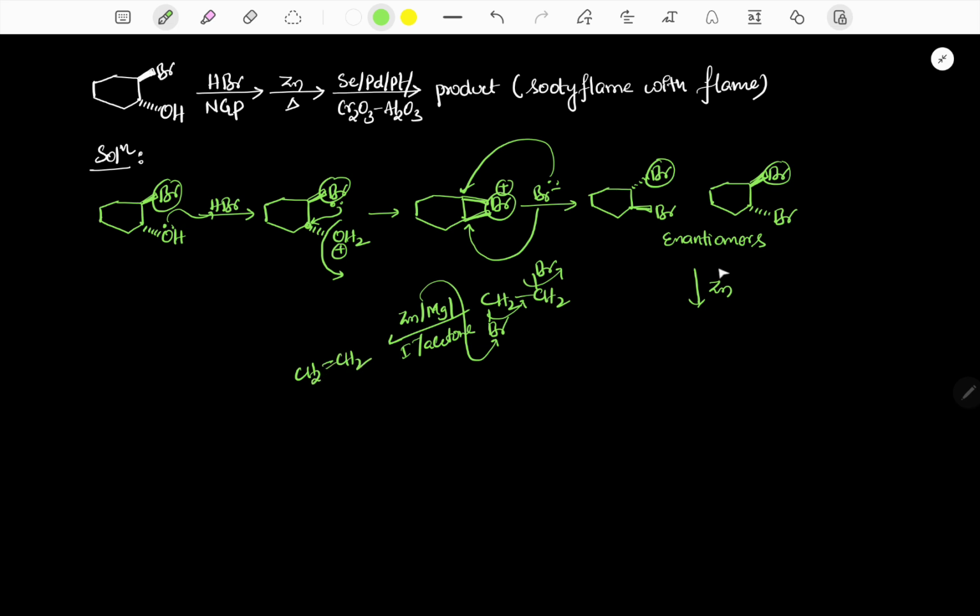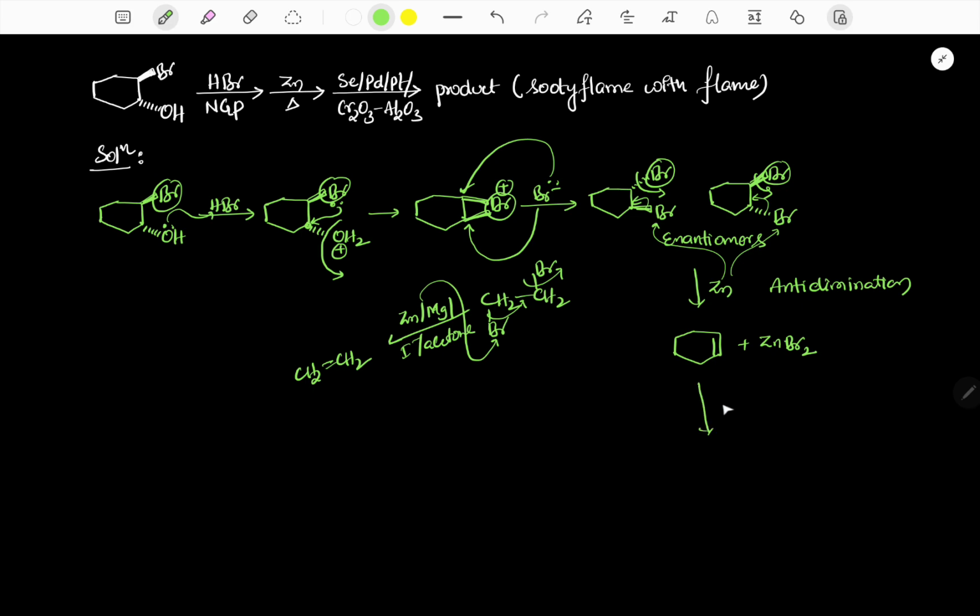In this case also zinc removes the corresponding halogen, and of course it is stereospecific also. Finally we get the corresponding cycloalkene plus ZnBr2. It is an example of anti-elimination.